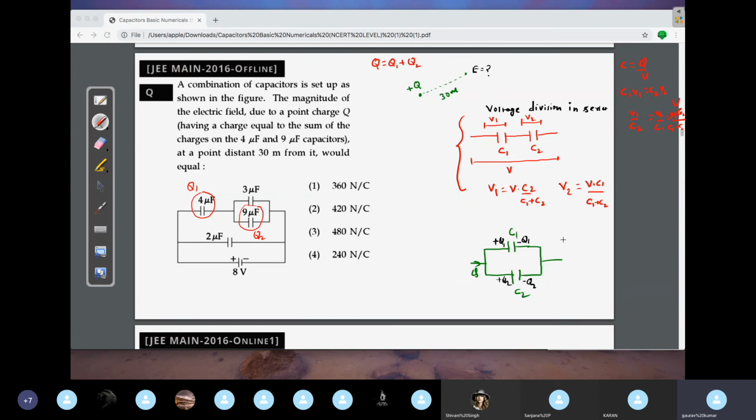What is the formula for Q1? Q1 is always given as Q into C1 by C1 plus C2, and Q2 is Q into C2 divided by C1 plus C2.